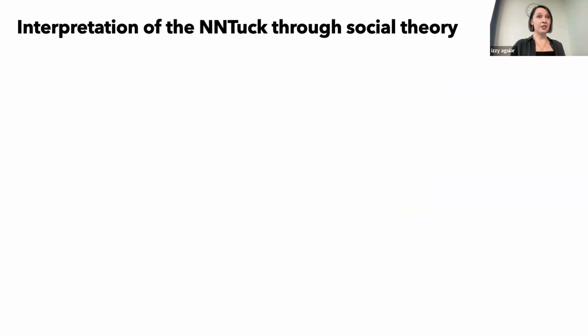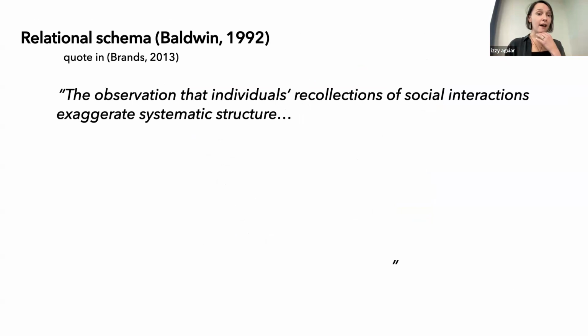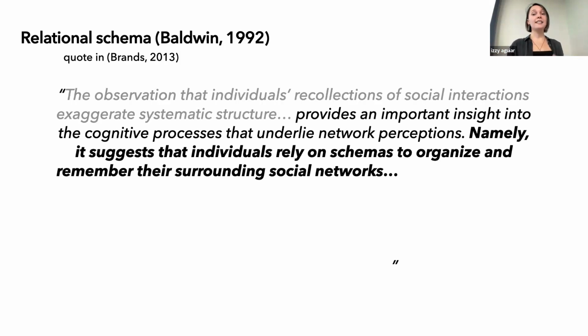There's a really nice interpretation of this cognitive factor matrix through established social theory. In particular, Baldwin's 1992 theory of relational schema, which I'm quoting from that review paper in 2013, is that the observation that individuals' recollections of social interactions exaggerate systemic structure provides an important insight into the cognitive processes that underlie network perceptions.